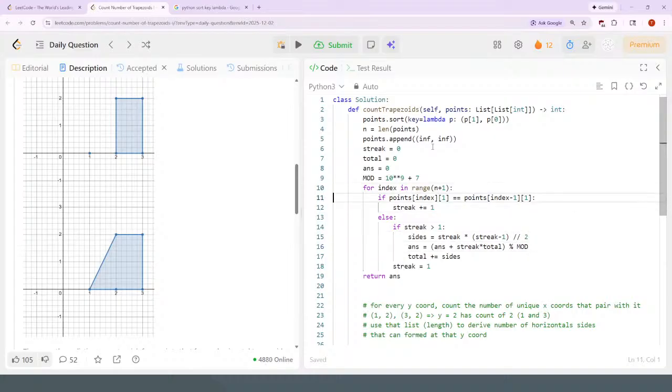Okay. So let's say it goes to 2, and then the next one it says a different thing. So it goes 2 times 2 minus 1 divided by 2 is 1.